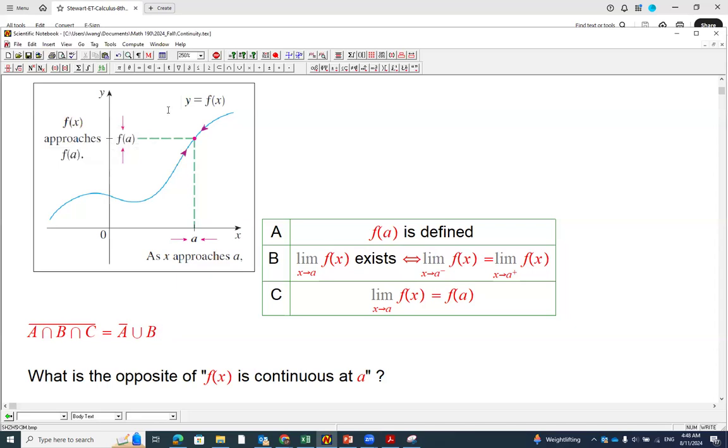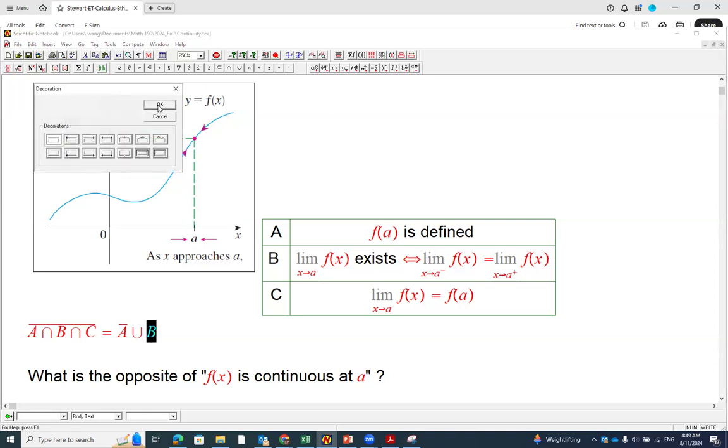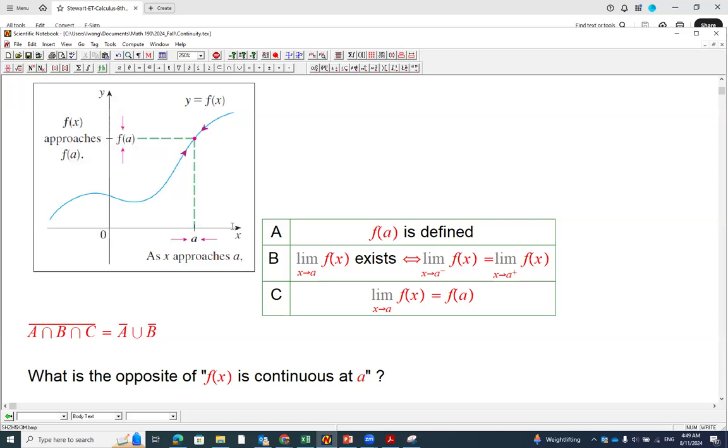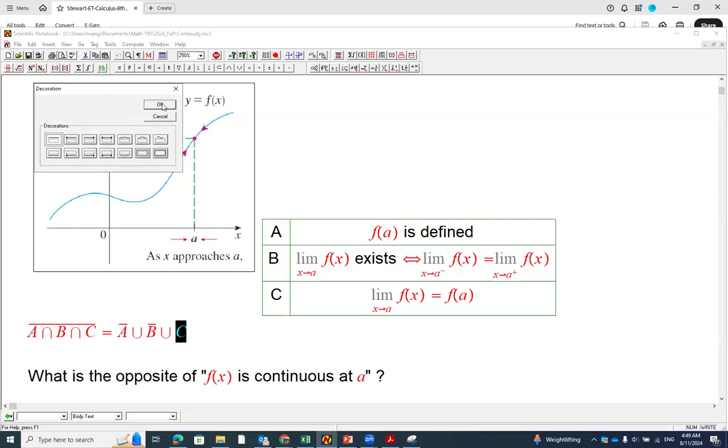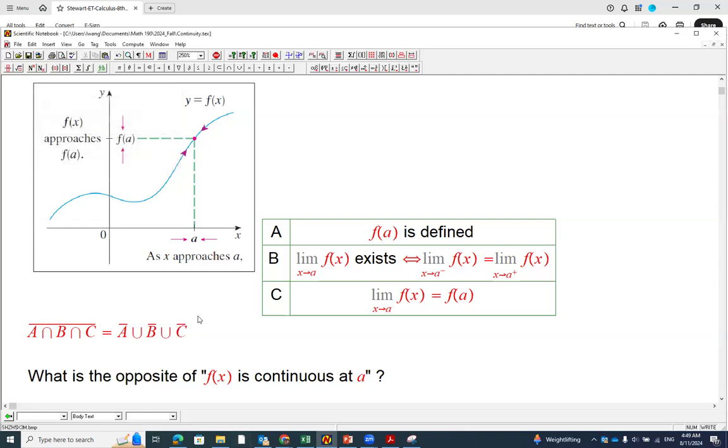Not A or not B or not C. This relationship is a general logical relationship. The opposite of A and B and C is indicated by the bar, right?